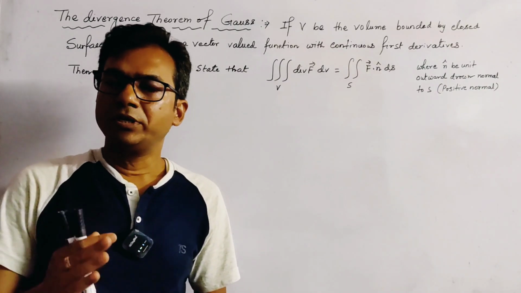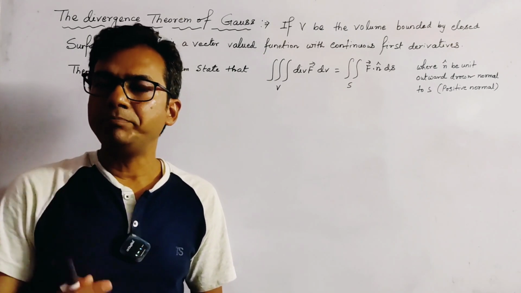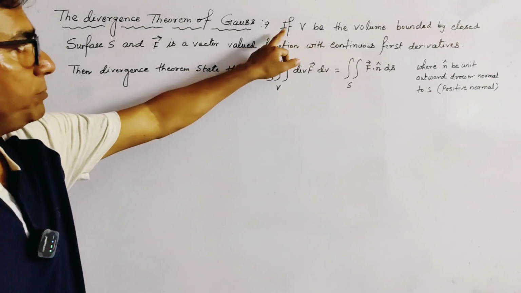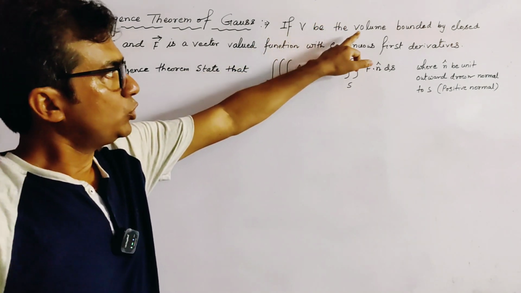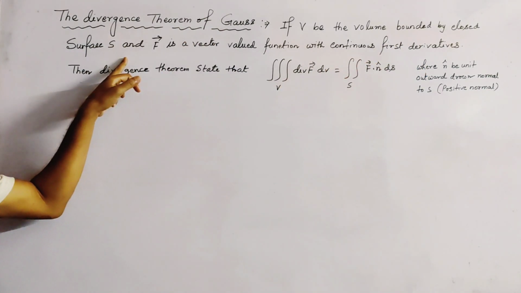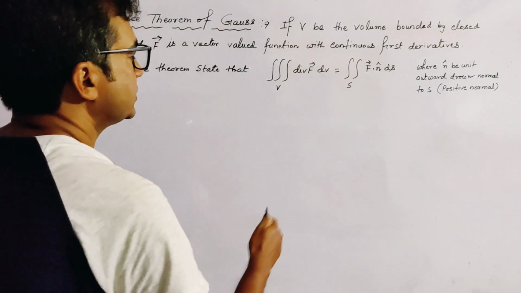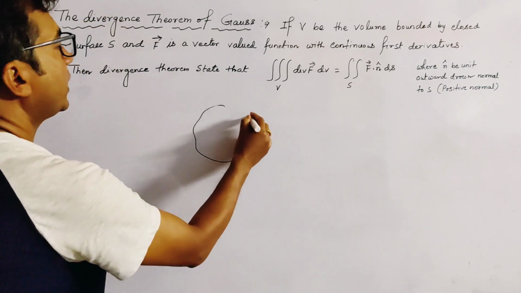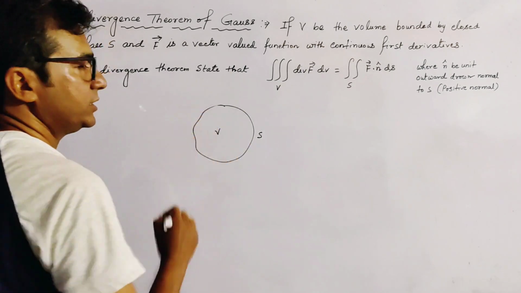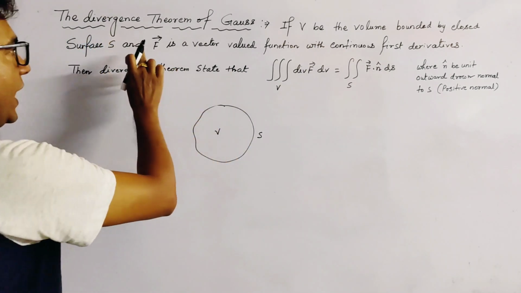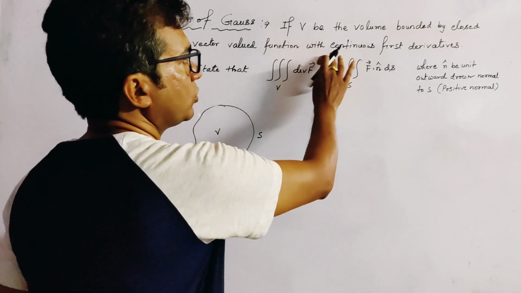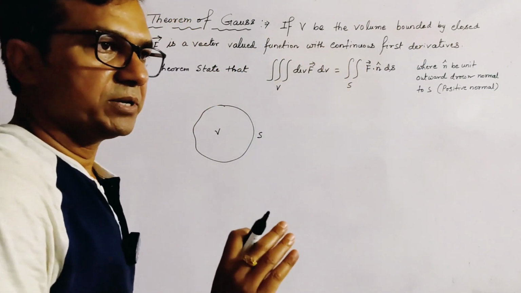Now, the Gauss Divergence Theorem, or simply Divergence Theorem, is: if V is the volume bounded by the closed surface S, and F is a vector valued function with continuous first derivative.